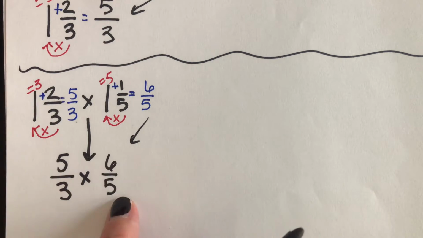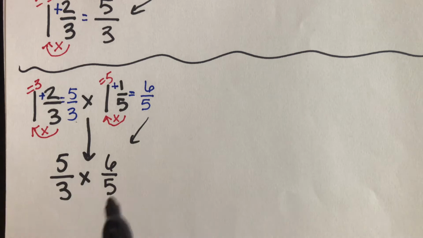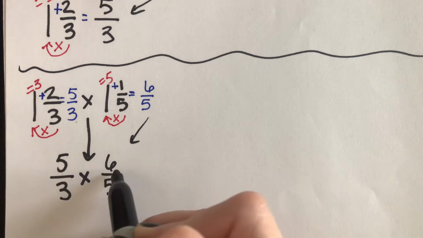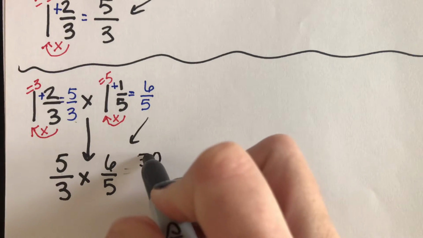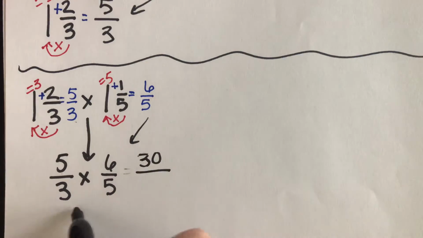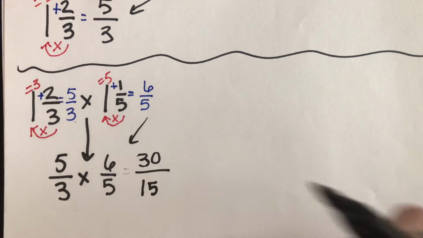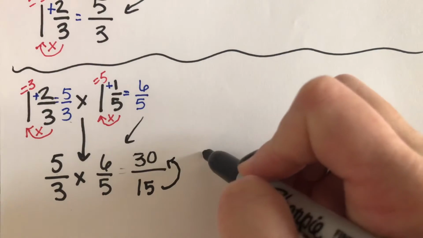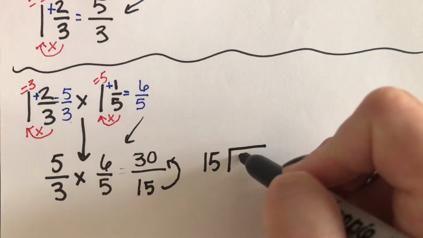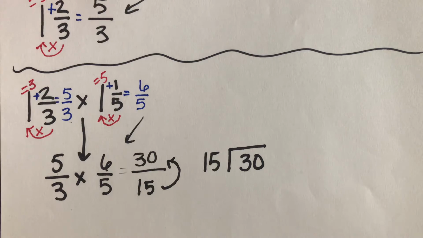5/3 times 6/5. So here I'm just going to multiply my numerators. 5 times 6 gives me 30. And 3 times 5 is 15. And now I have to see how many times 30 can be divided by 15.